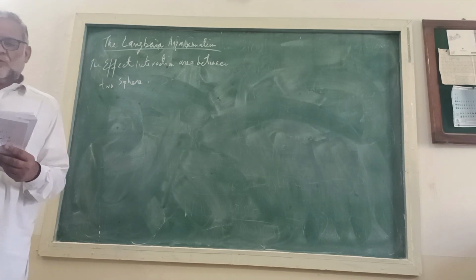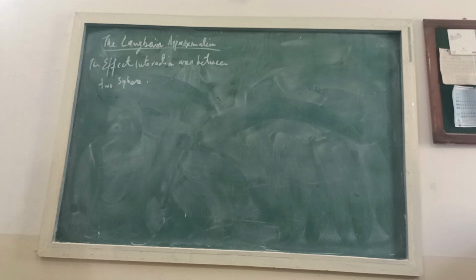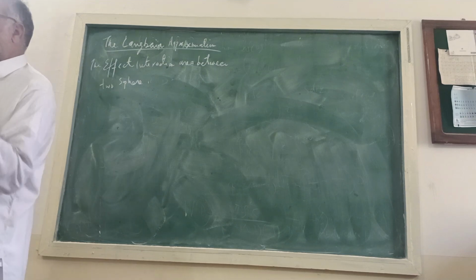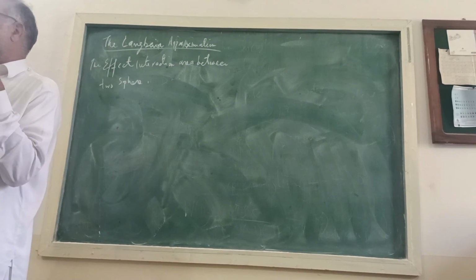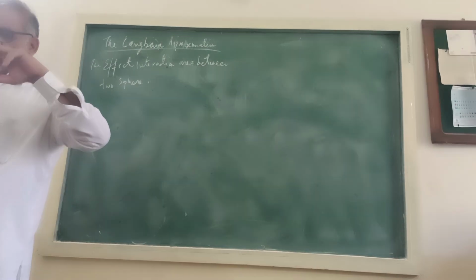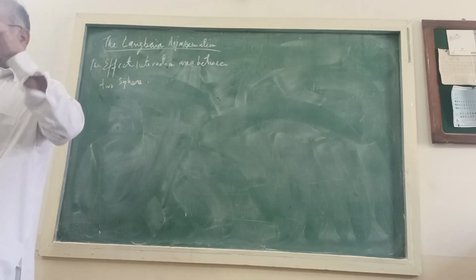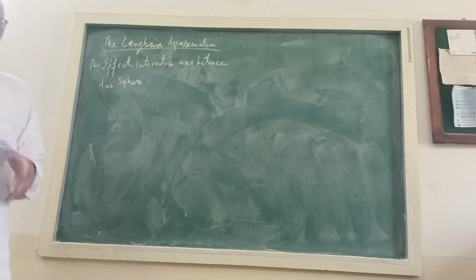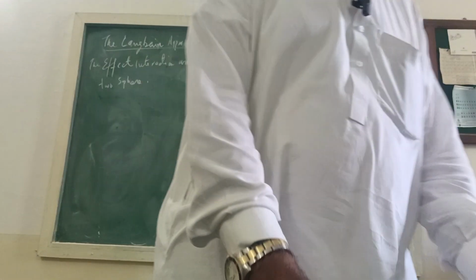Suppose we have two spherical particles. What area is effective? What area can be thought of as equivalent to the dominating area for the interaction? Look, there are two spheres like this.